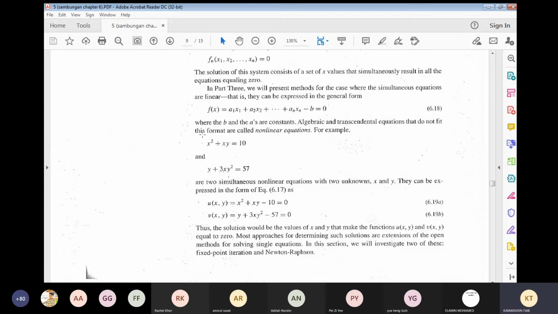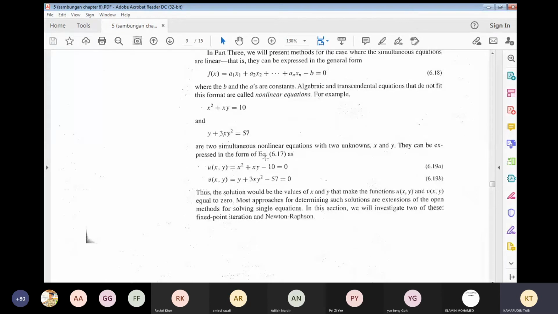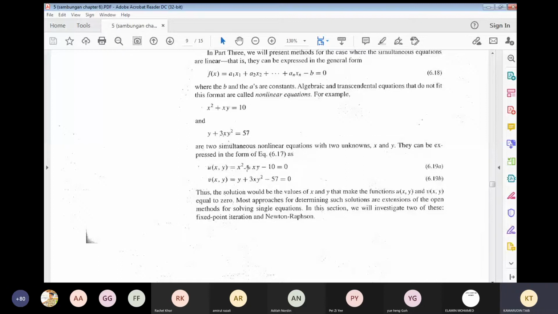So we have two equations and two unknowns. These are two simultaneous nonlinear equations with unknowns x and y, and can be expressed in the form of equation 6.17: u equals x squared plus xy minus 10 equals 0, meaning we bring the 10 to the left hand side.